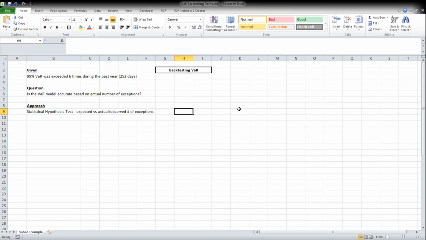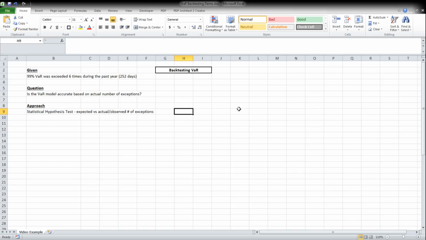Backtesting is a model validation tool that will help us answer the question of whether our VaR behaves in the way we're expecting it to behave. The number of losses that actually exceed our VaR will help us answer that question.